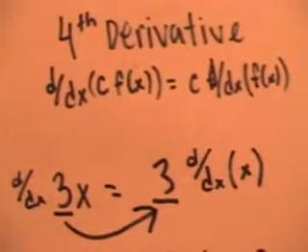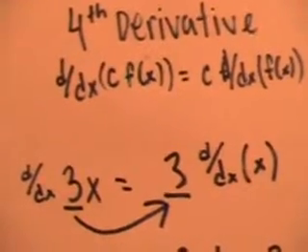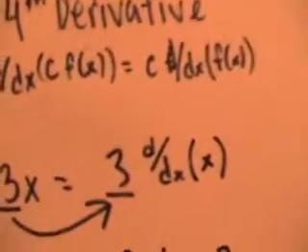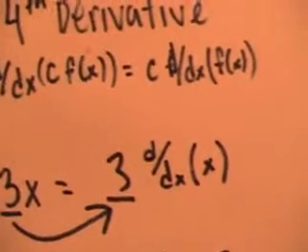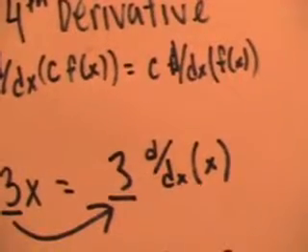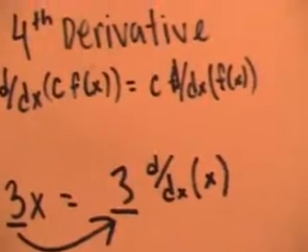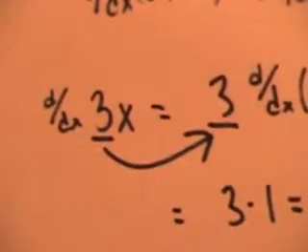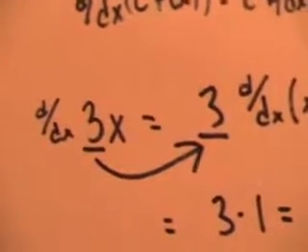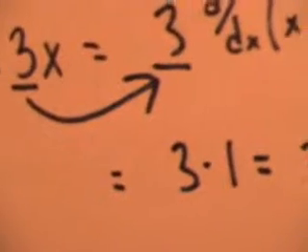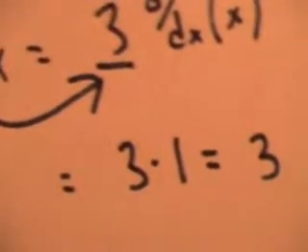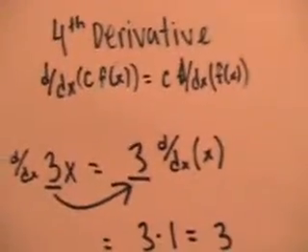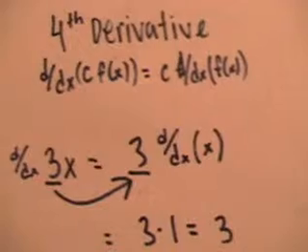The x is the f of x in this case. So the derivative of f of x is the derivative of x. It won't always be this case, but it is right now. So the final answer for this equation is 3 times the derivative of x, which is 1, which is 3. That is the fourth derivative.